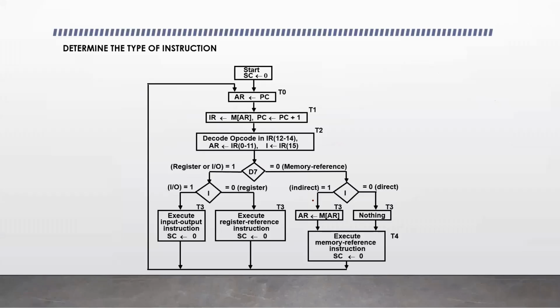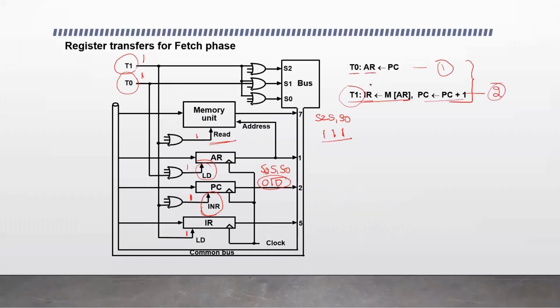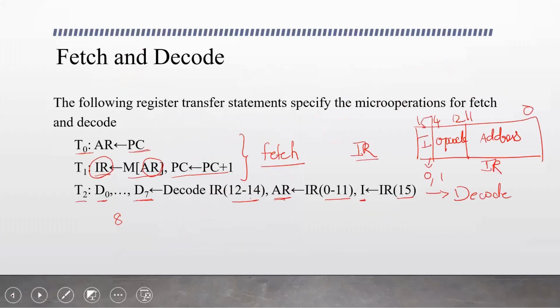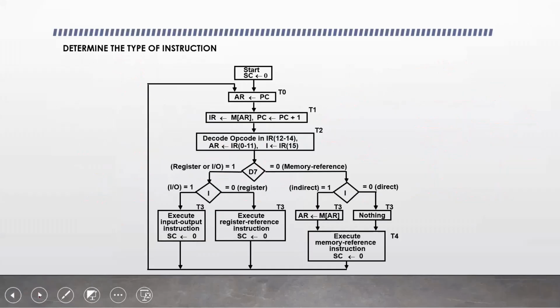After doing this, what is the next step we saw here? The decode phase, correct? The second phase is the decode phase. In decode, we take the operation code part of the instruction and give it to the decoder, and its operation is decoded. And how do we determine the type of the instruction? We have seen the instruction formats, correct?